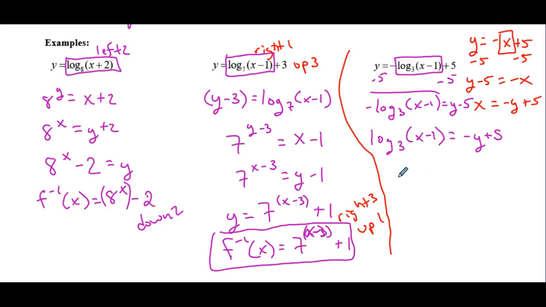And then what am I going to do? Now I'll rewrite it. So 3 to the negative y plus 5 is equal to x minus 1. Now I can take the inverse by switching my x and my y.